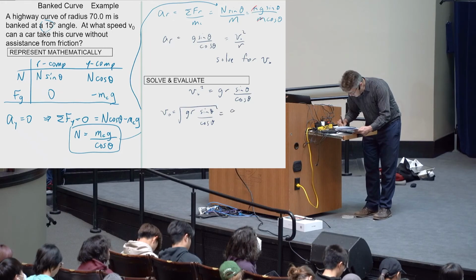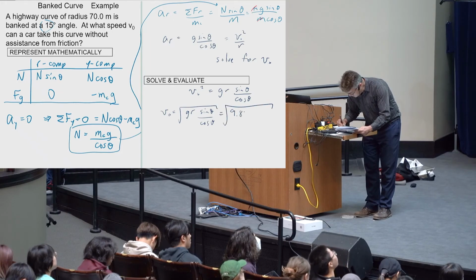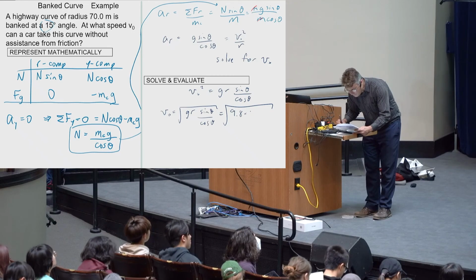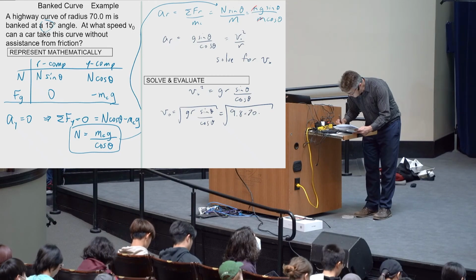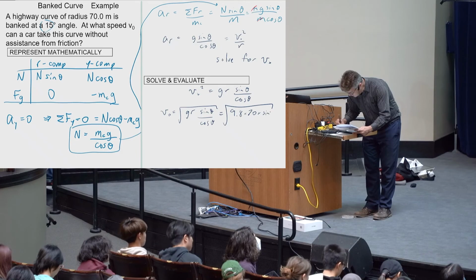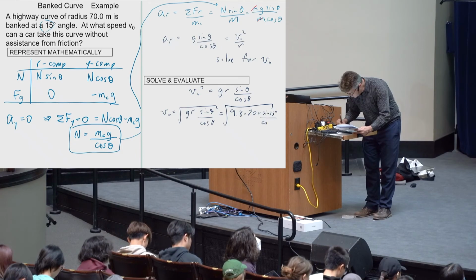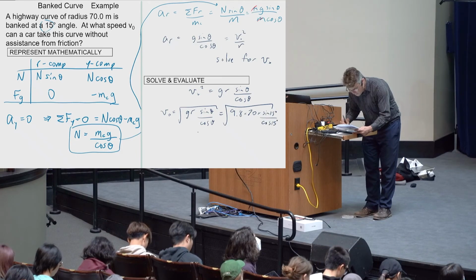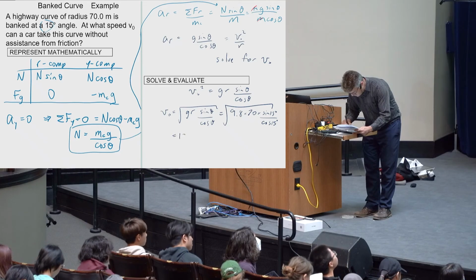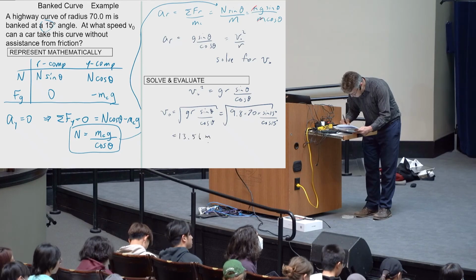So it's equal to the square root of 9.8 times 70 meters times the sine of 15 degrees divided by the cos of 15 degrees. So I got 13.56 meters per second.